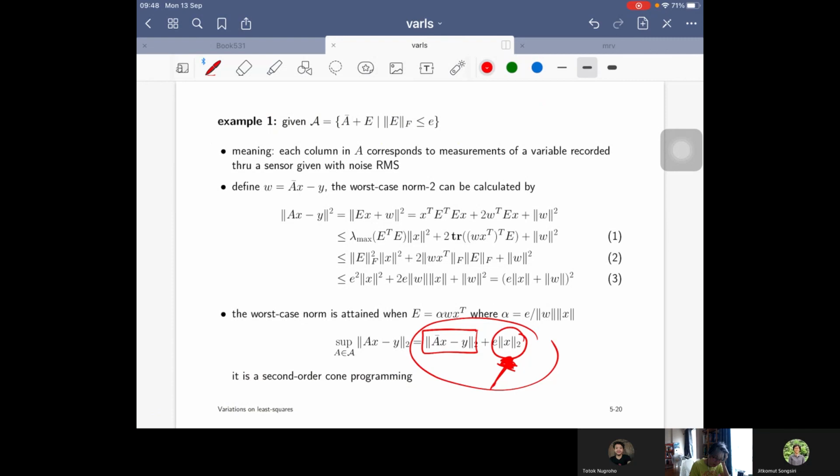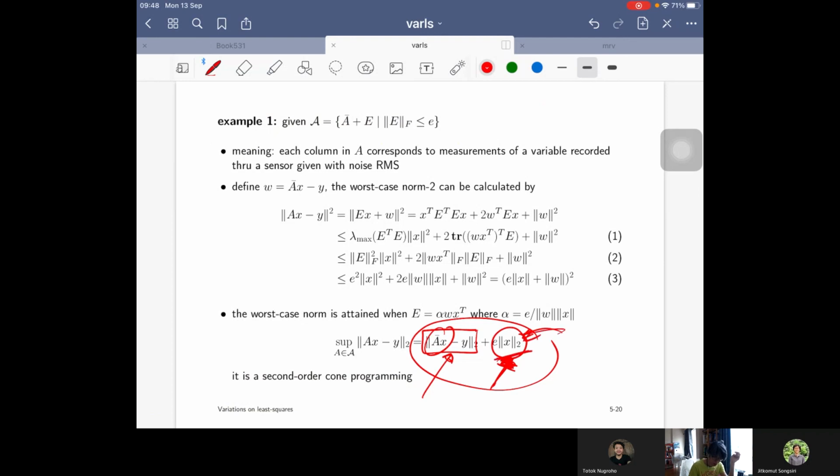regularization problem point of view as well, because it means that when your A is uncertain, you trade off between the error from the nominal values of x, but also at the same time you try to reduce the size of x. This is just like L2 regularization, but mathematically it's a different objective function.